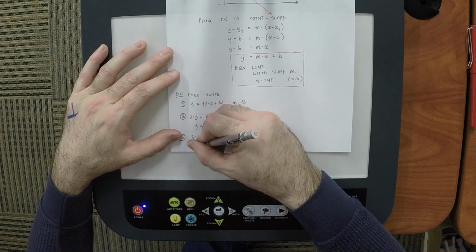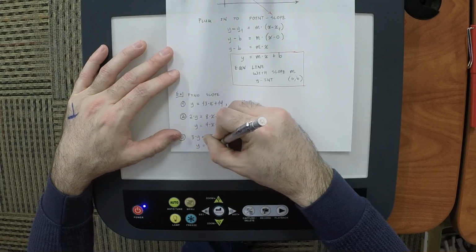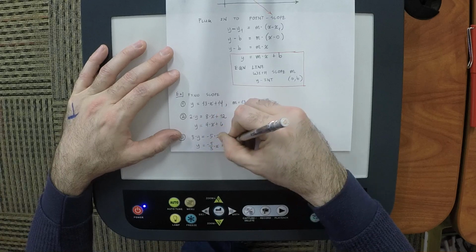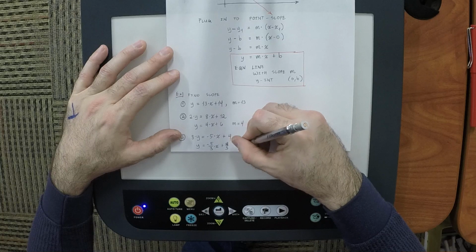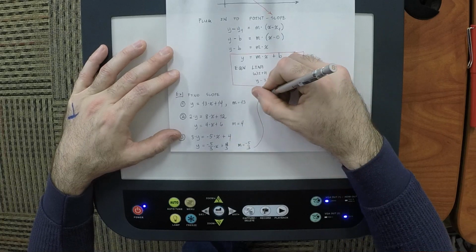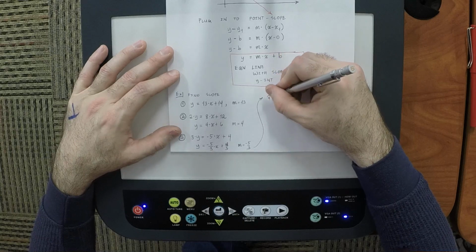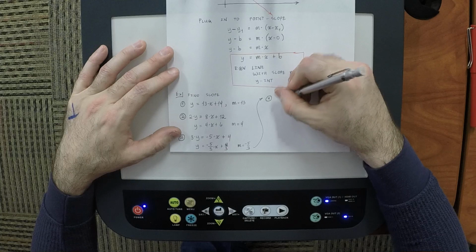So if you divide by 3, that'd be negative 5/3 x plus 4/3. So that gives you m is -5/3.